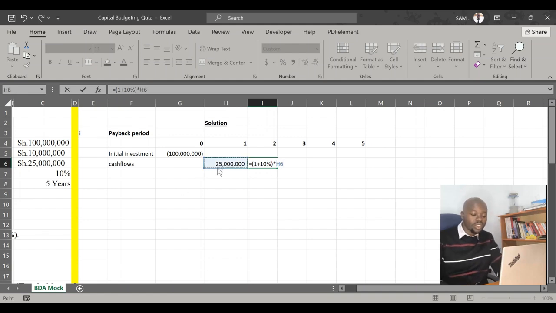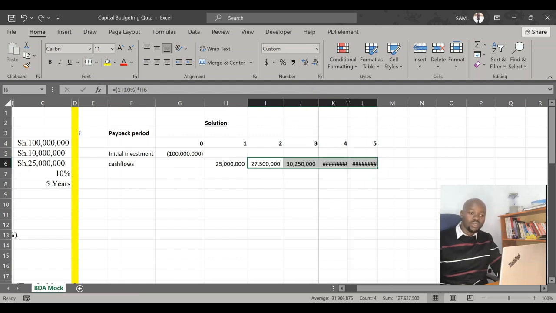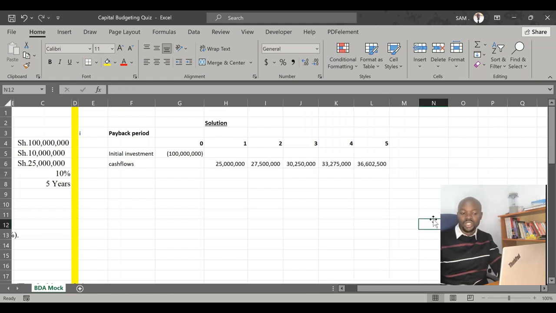So when I hit Control Enter, you can see my cash flow in year two is now 27,500. And up to this point, I do not have to repeat the same in year three, year four, and year five. I will just grab the tail of the angry rabbit, then drag it to year number five, like that. So I have my figures auto-filled to the end, and I have my cash flows already generated.